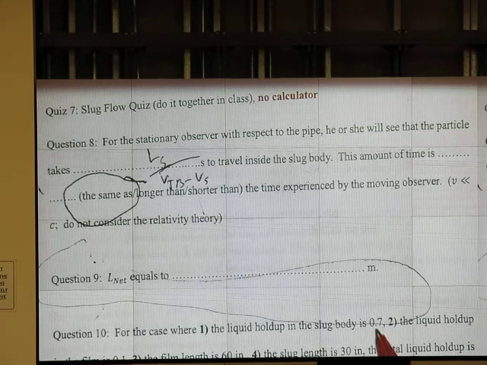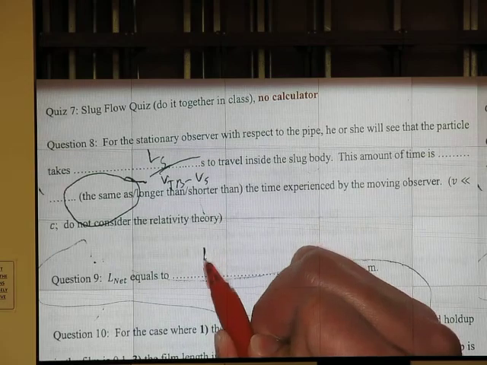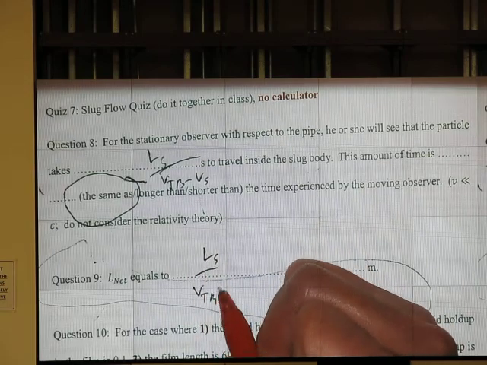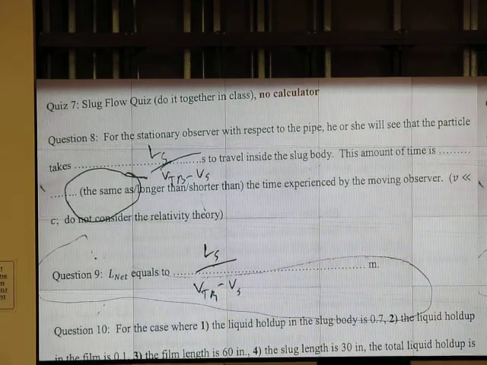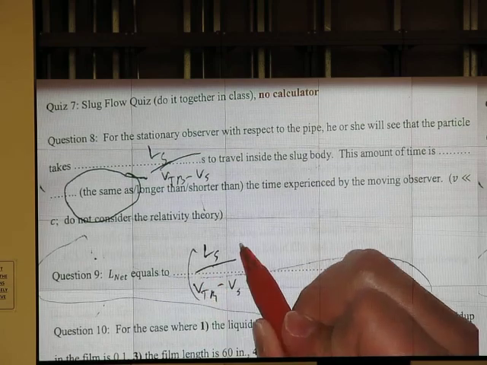We have the time traveled in the slug body, Ls over VTB minus Vs, and we multiply by the velocity.